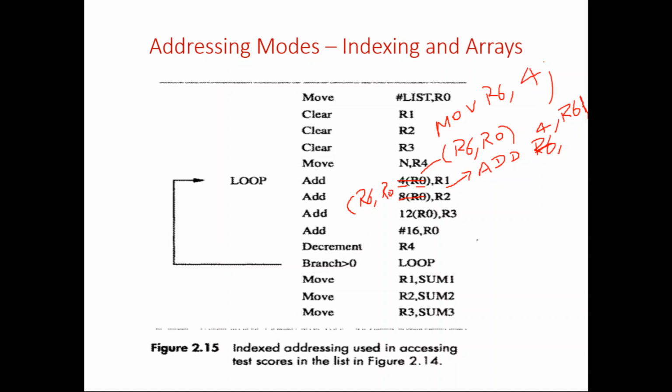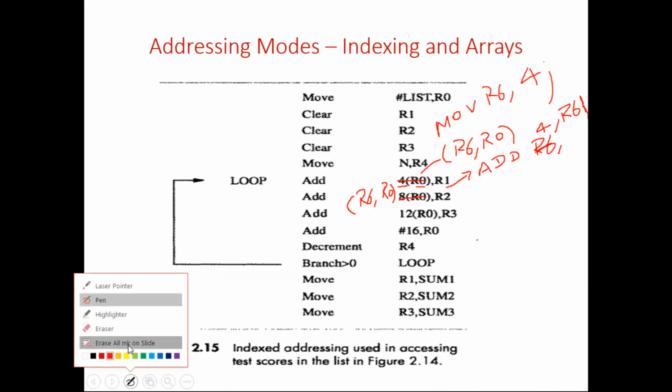R6 contains 8. R0 is 1000. So 1000 plus 8 is 1008. Whatever the value at location 1008, that will be added with R2 and the result stored in R2. If you use it like this, that is called base with index addressing mode.